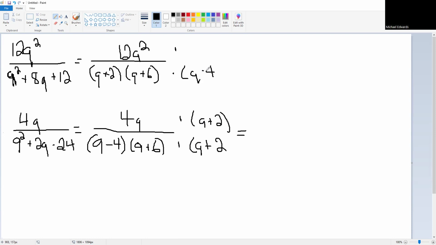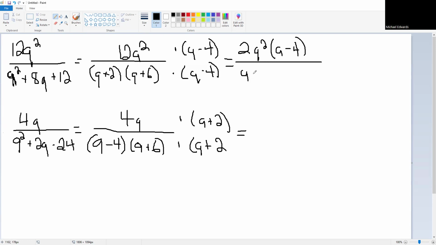So we'll just multiply a q minus 4 on both the top and bottom, numerator and denominator, and we'll get 12q squared (q minus 4) over (q plus 2)(q plus 6)(q minus 4).